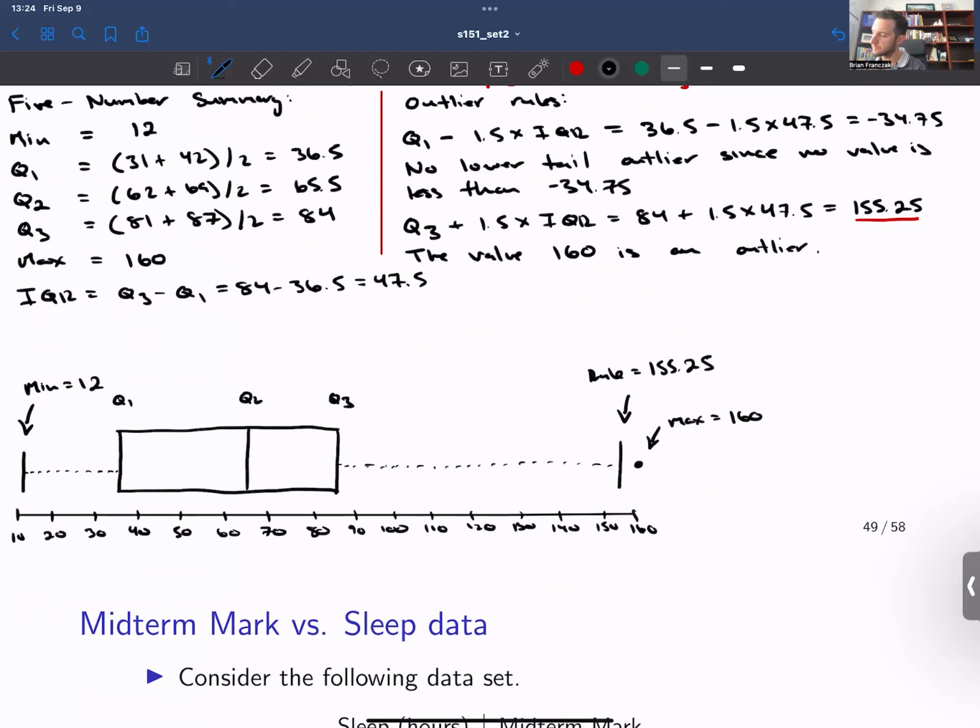For example, we can see that Q2 is almost right at the midpoint of the box, but it's just very slightly to the right. So this implies that there's a little bit of skewness in the data set. So the values are pushing a little bit more to the positive side.